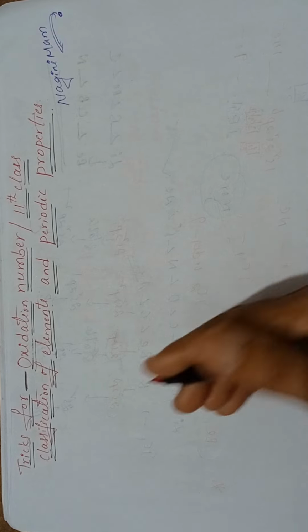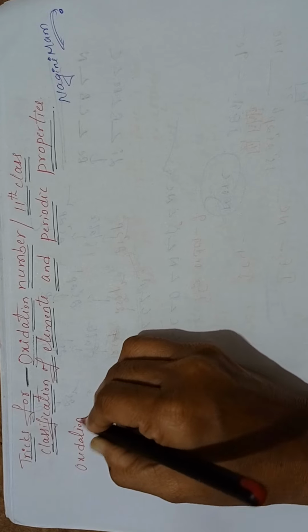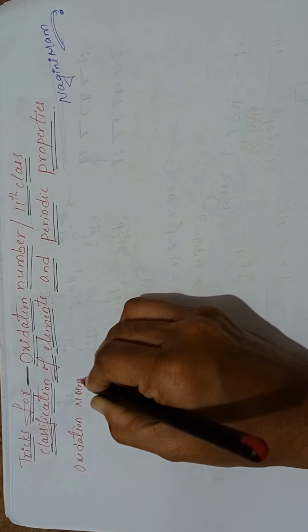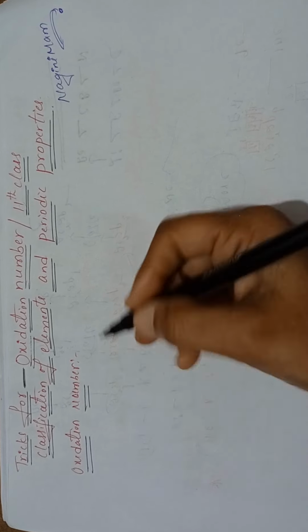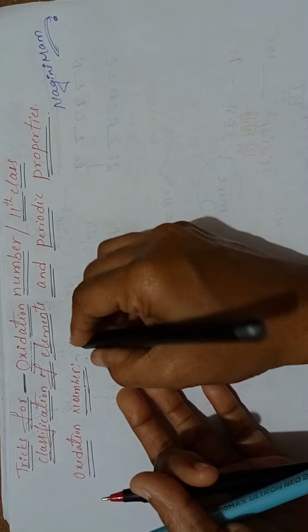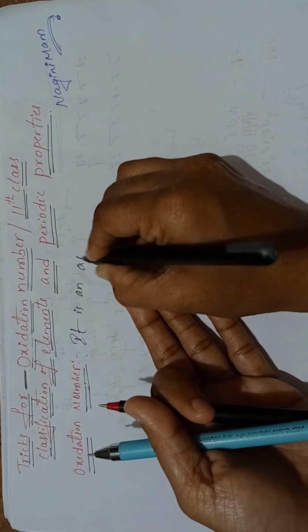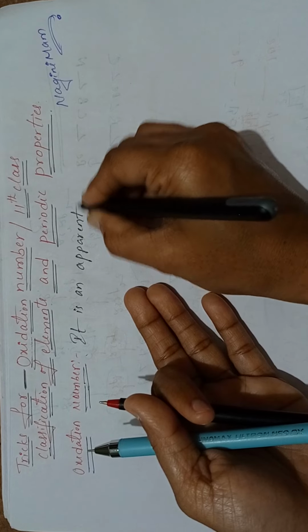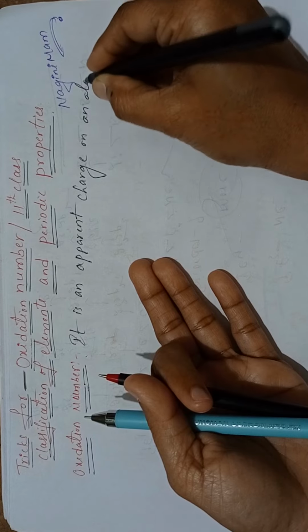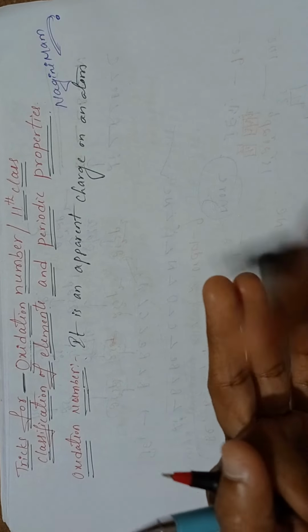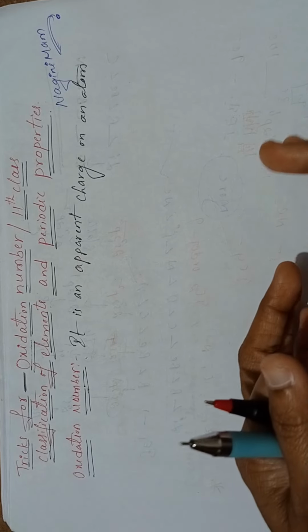It is an apparent charge on an atom. So that means the charge that appears on an atom is called the oxidation number, students.